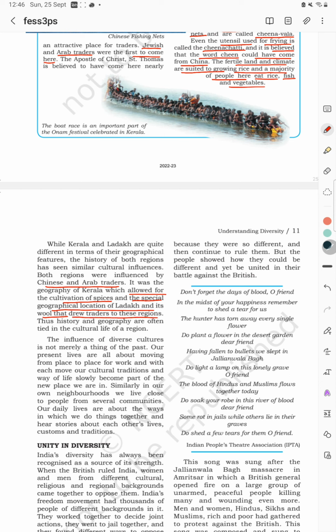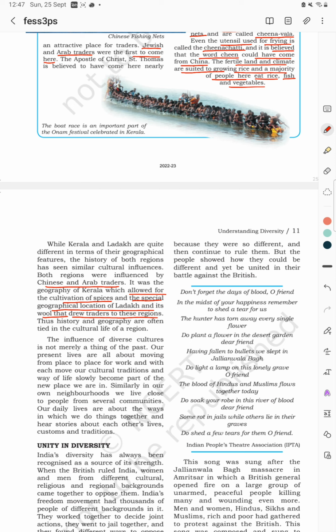So each region, Kerala and Ladakh, has its own speciality. In Kerala, spice cultivation is famous, so traders come there for the spices. And in Ladakh, wool is very famous, so traders go there for the wool.